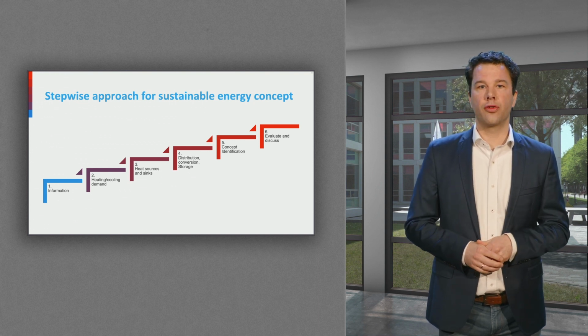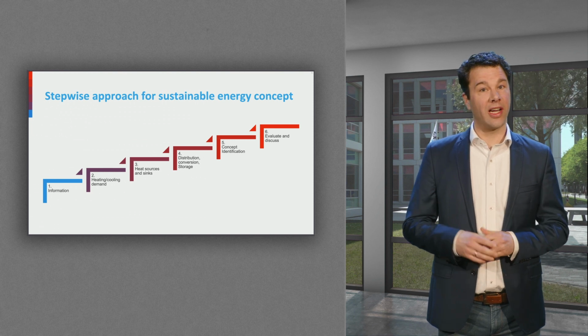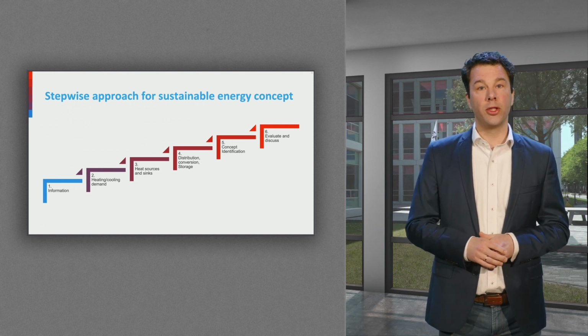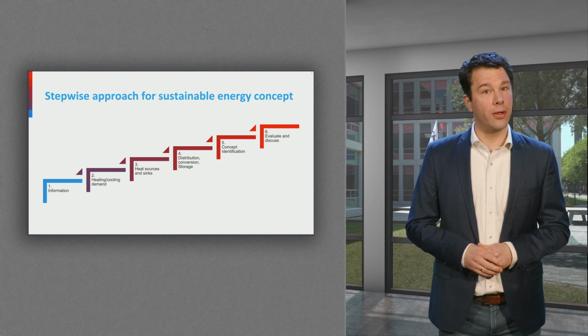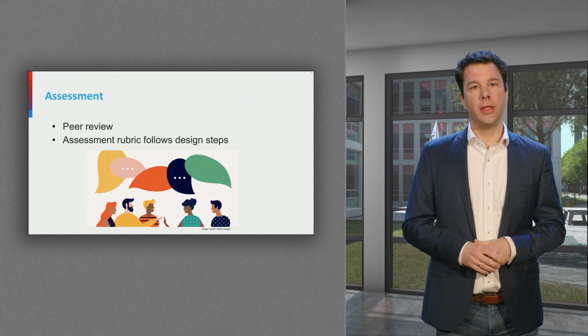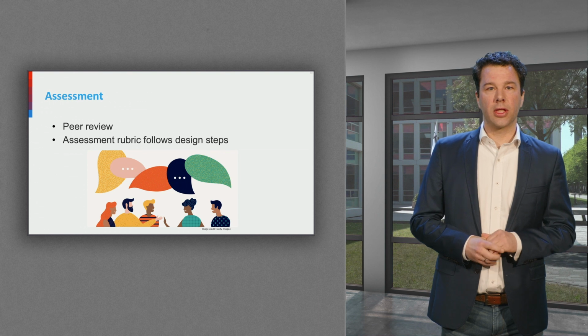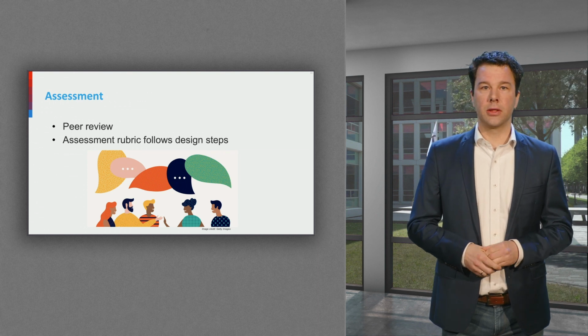As you will see in the description of the assignment on edX, the assessment criteria of the assignment are directly linked to these steps, which brings us to the last part of this video: the assessment and grading of your assignment. The details on how, where and when you need to hand in your assignment is described in this module on edX.